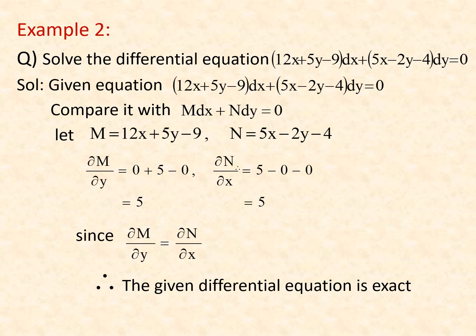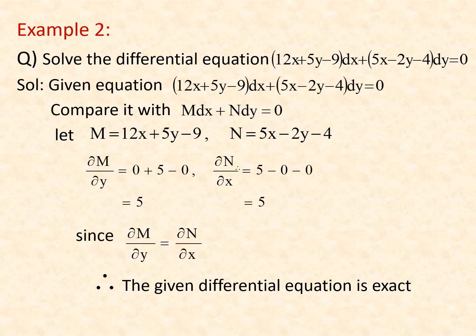Next, compare it with M dx plus N dy equals 0. After comparing with this standard form, M is 12x plus 5y minus 9 and N is 5x minus 2y minus 4.